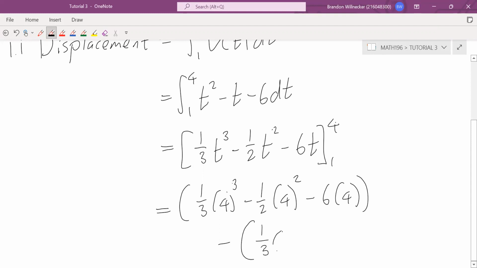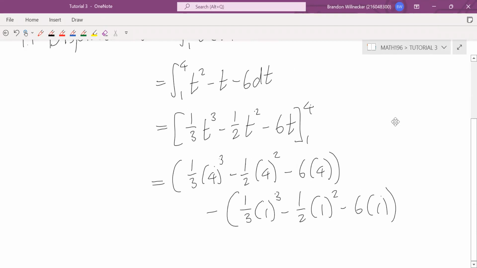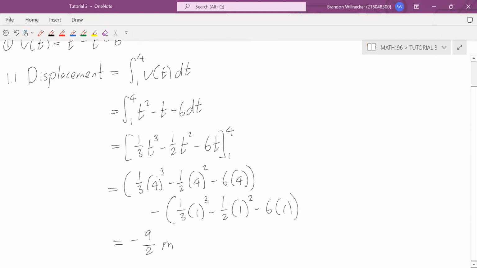So that's going to be 1/3 1 cubed minus 1/2 1 squared minus 6 times 1. If you evaluate all of this together, we end up with a displacement of minus 9/2 meters. So that's the displacement.